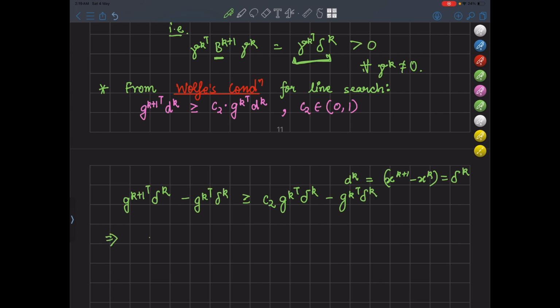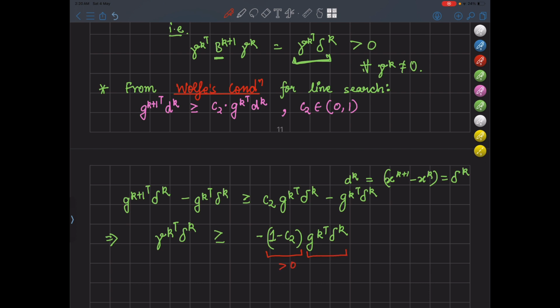If I do this, this becomes gamma k transpose delta k greater than or equal to minus (1 minus c2) gk transpose delta k. Now look at this, we have a negative sign, so this quantity, because c2 belongs to 0 to 1, is always greater than 0, right?